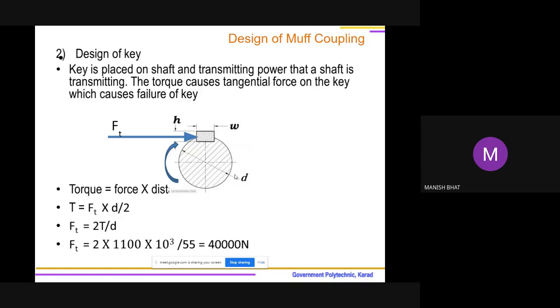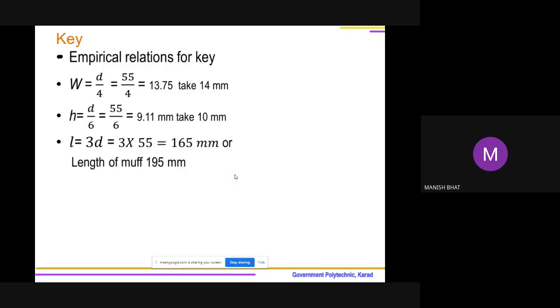The key should be sufficiently strong to take up this tangential force of 40,000 Newton. So we will be considering the modes of failure of the key. We know that the key has shear and crushing failure, but before that we will be selecting the sizes of the key empirically.